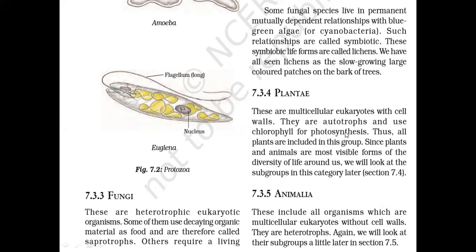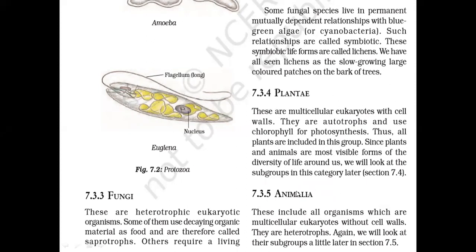All the plants are included in this group. Since plants and animals are the most visible forms of the diversity of life around us, we will look at the subgroups in this category later. We will learn more about the kingdom Plantae in the coming classes.